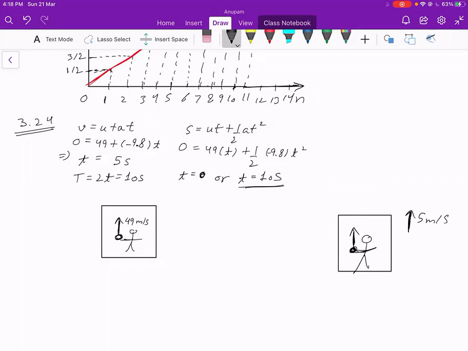So what should be the approach here? You add 49 plus 5.